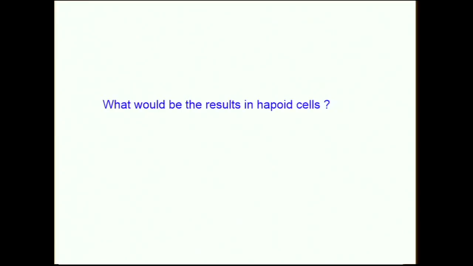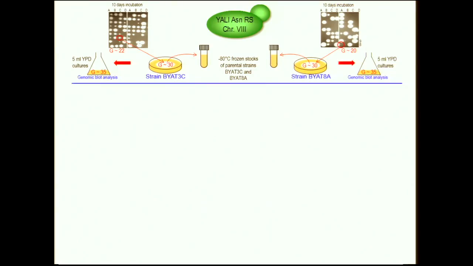We then asked the question about what happens. Everything has been done in diploids, which is the normal way of living of Saccharomyces cerevisiae. They are naturally diploid. In the lab, they are haploid. And what would be the result if we work with haploid cells? So we were experienced from the previous work, and we knew how quick it was to create mutations.